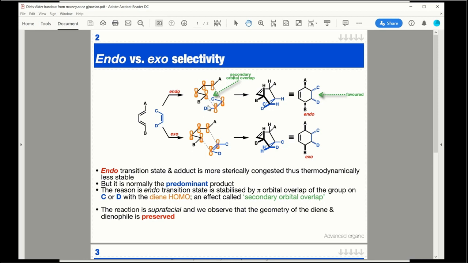As groups C and D in the dienophile approach the diene, if these groups have pi electrons, then it's beneficial for those p orbitals to overlap with the p orbitals in the diene. That's what sets you up for putting the C and the D underneath the diene and gets you the endo product. This concept is secondary orbital overlap.